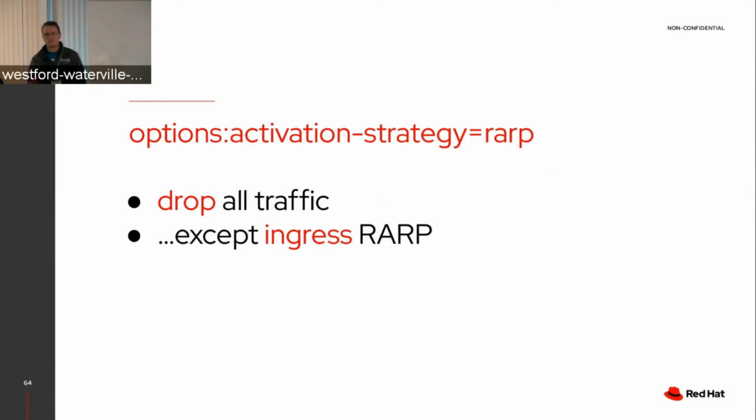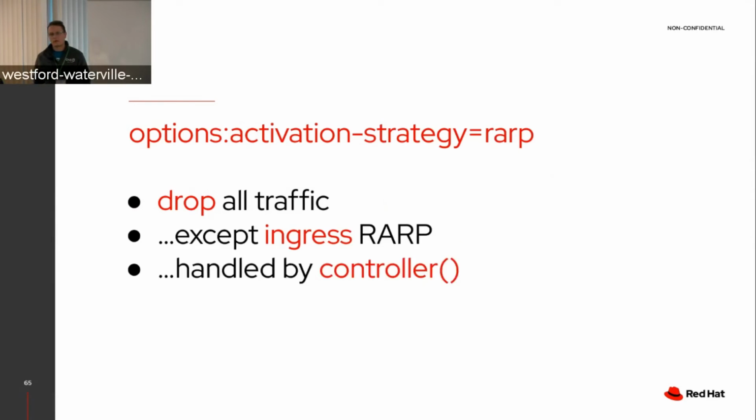And that's why there's this exception. There's a special rule where we capture just reverse ARPs that come from the port of the VM. When we see this packet, we immediately know that libvirt just told us that we're ready.